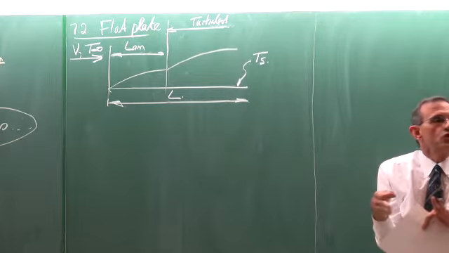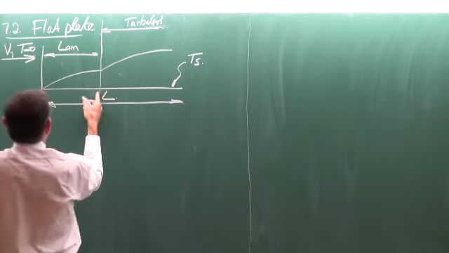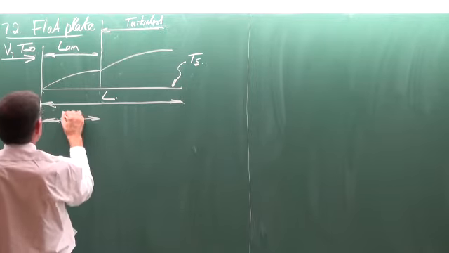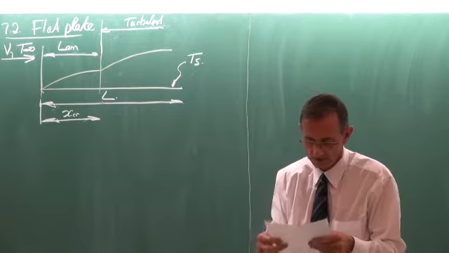And where does the flow change from laminar to turbulent? That is very important, and that distance is called the critical distance, XCR.